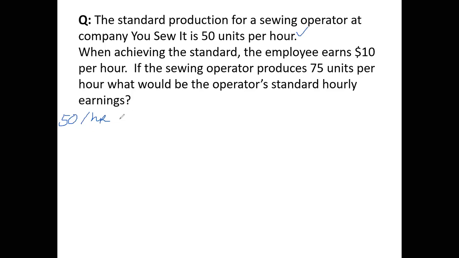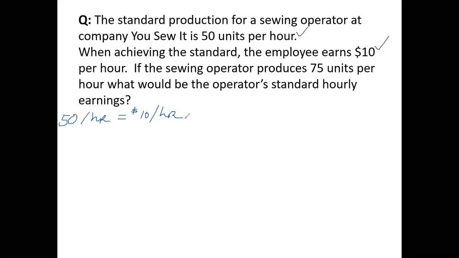When 50 units per hour is produced, the employee earns $10 an hour. So basically 50 units an hour equals $10 an hour. Now remember, the principle of the standard hour plan is you meet the standard, we'll pay you. You don't meet the standard, you don't get that money.